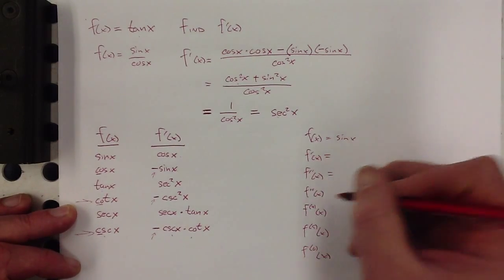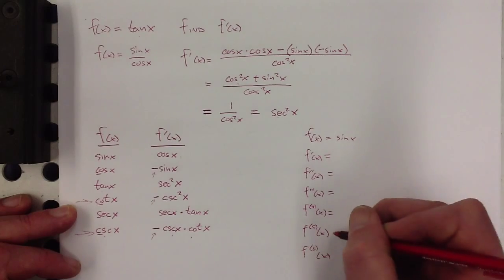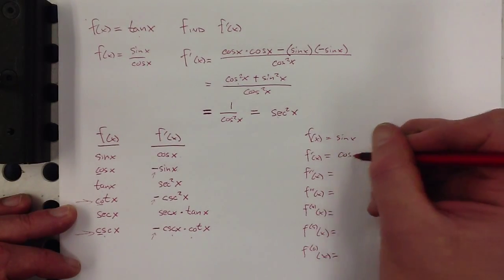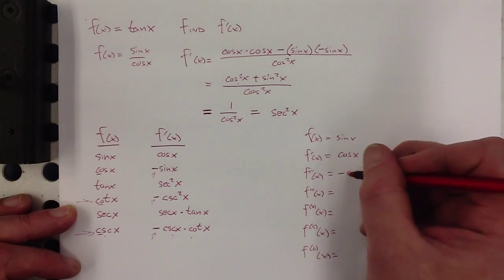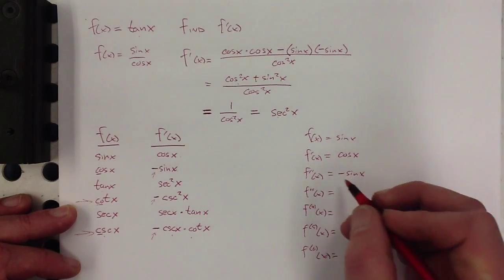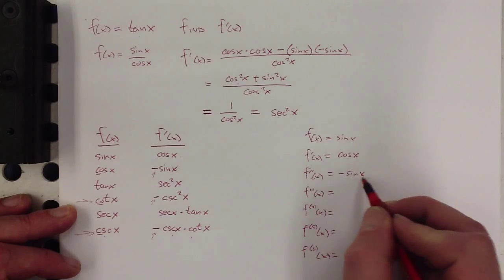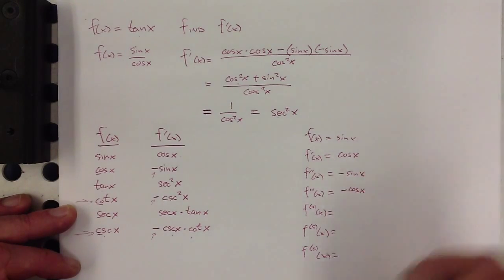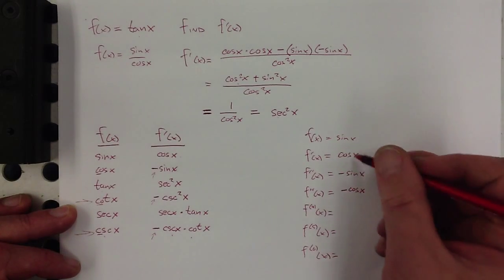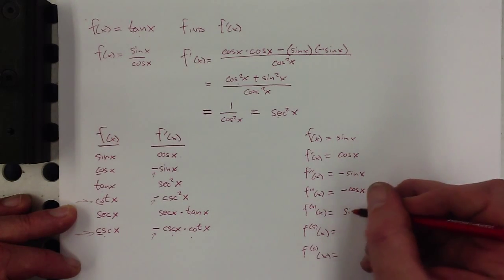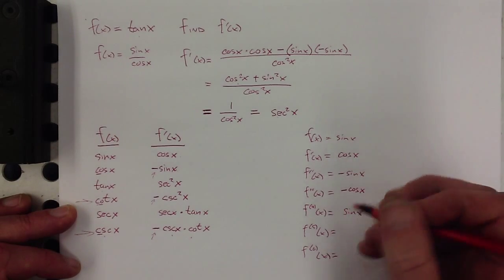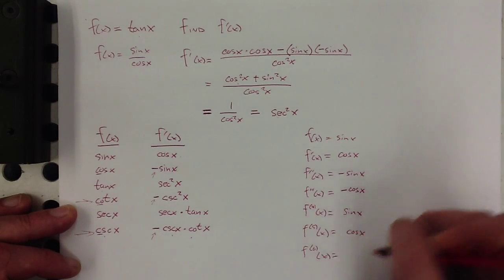So what are they if we just go through? Is there a pattern? The derivative of sine is cosine. The derivative of cosine is negative sine. The derivative of negative sine x, well, it's just negative whatever the derivative of the sine function is. That would be like negative cosine x. And then the derivative of negative cosine would be positive sine x. And then, oh look, we're back to the beginning of the cycle, right?